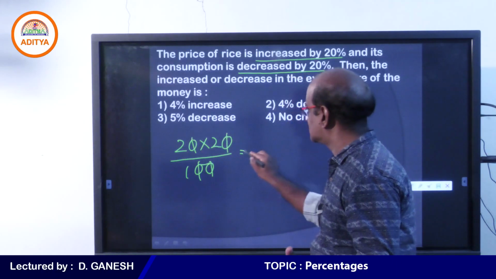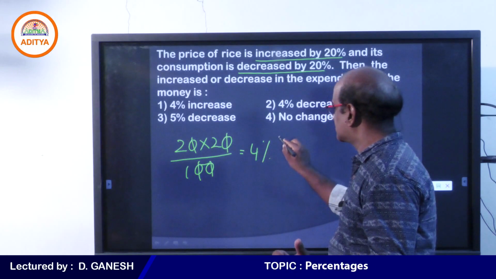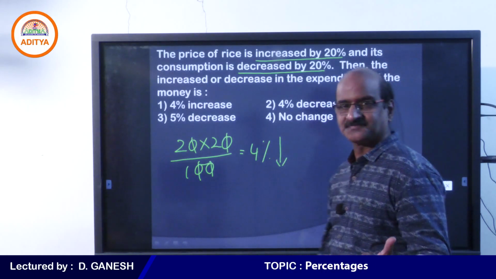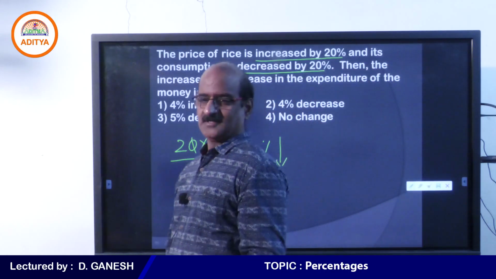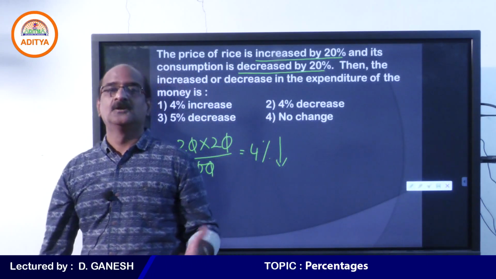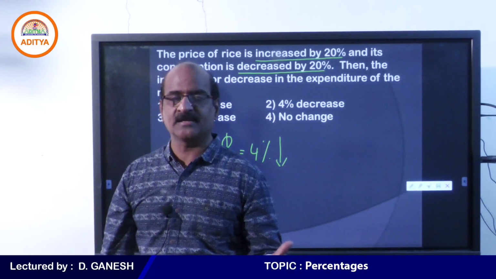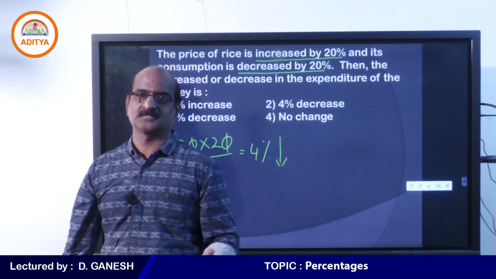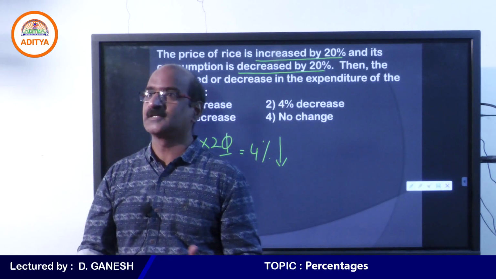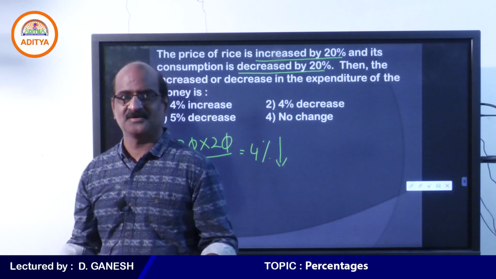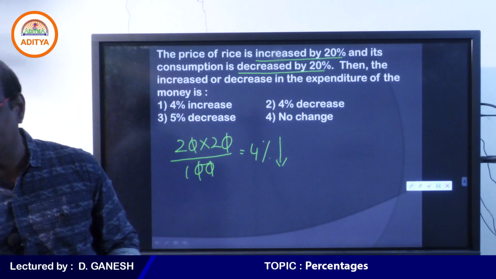Tell me, what is the loss in the transaction? 4% loss. Of course, the previous method is also okay, but if percentage increase and percentage decrease are same, we can answer the question in an easy way. This is a very comfortable technique.